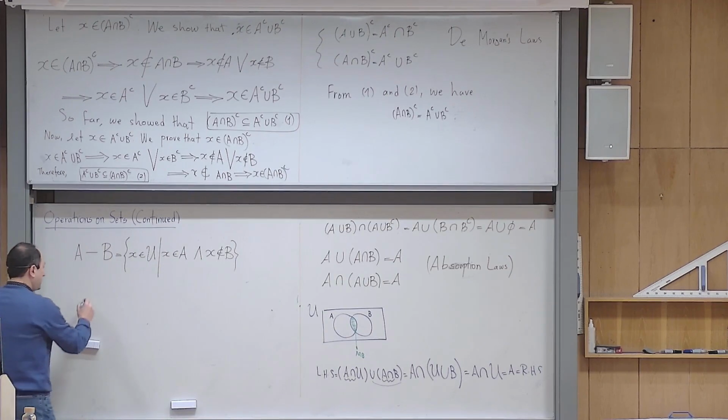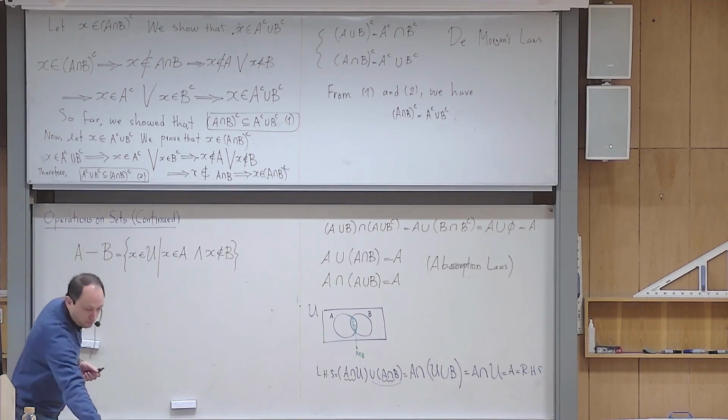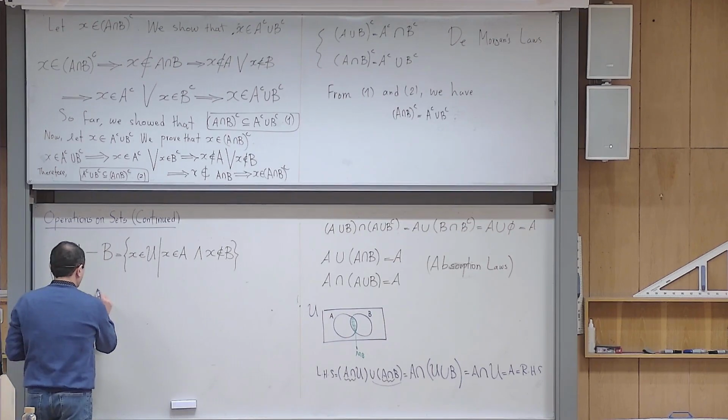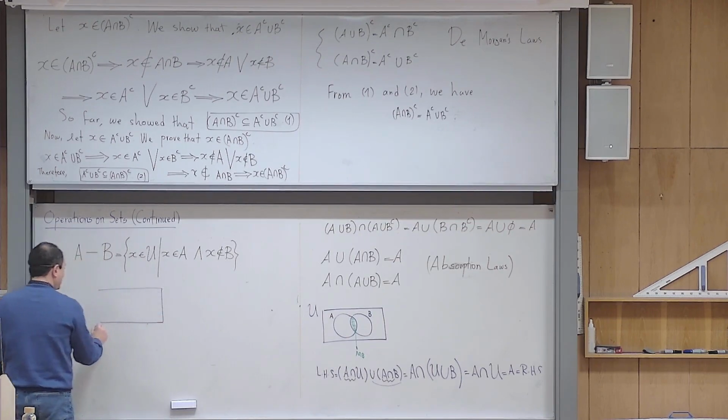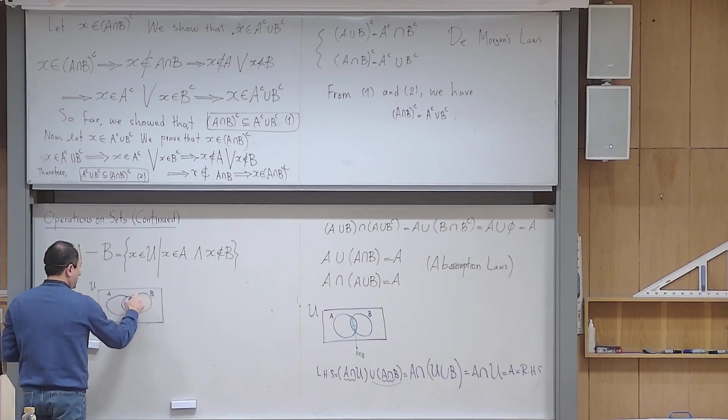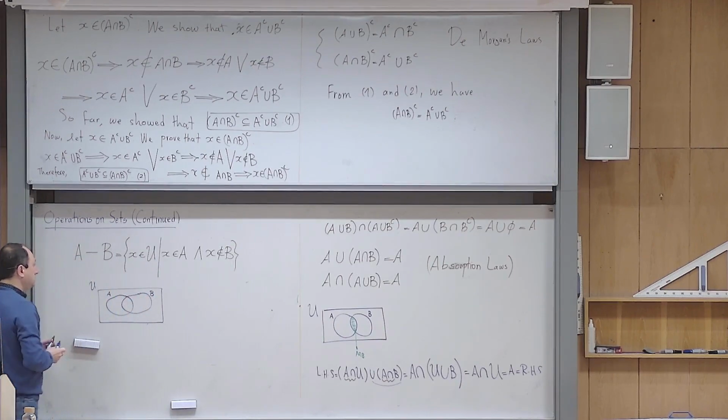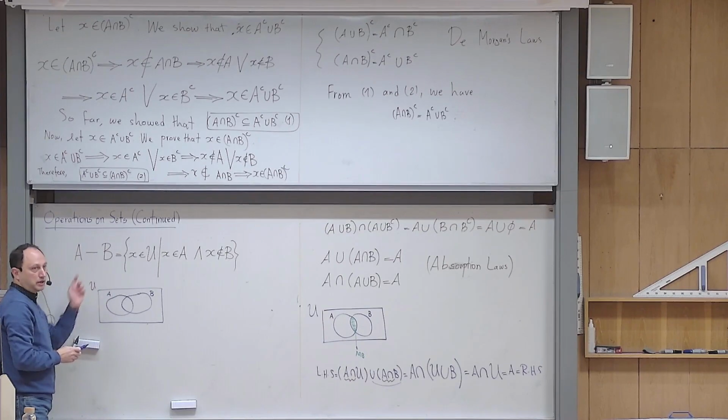Okay, so for example, if I want to draw a Venn diagram for you to visualize this, can you tell me where I should color? For example, in this picture, this is my universal set. Let me consider this to be A. Let me consider this to be B. Which region should I color to represent A minus B?